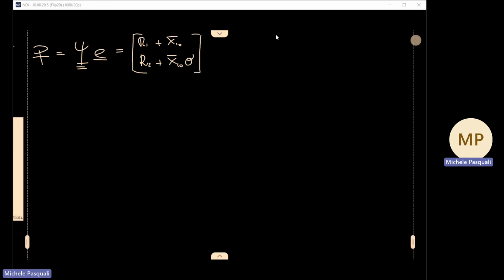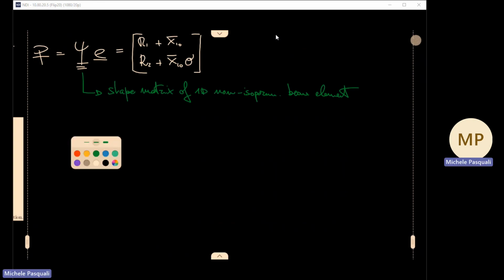Okay, so again, these are the shape functions of the 1D non-iso element, the ones that we have already defined.